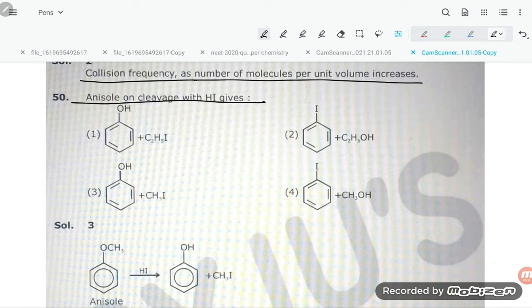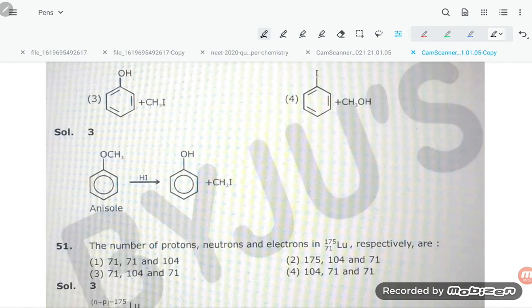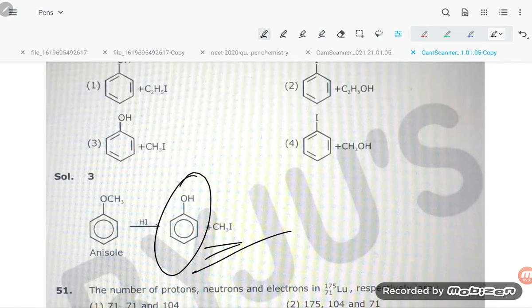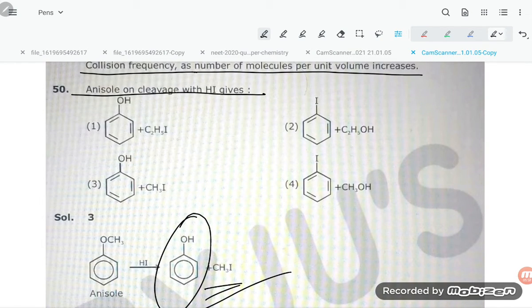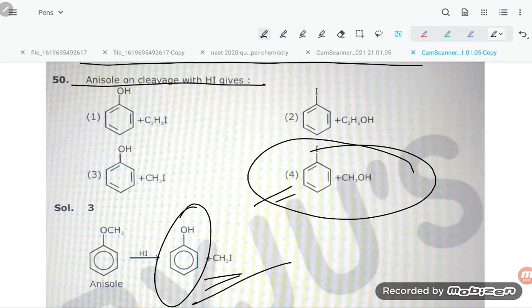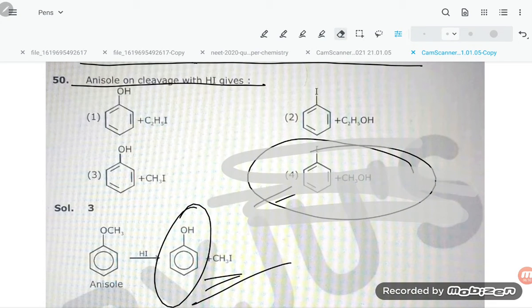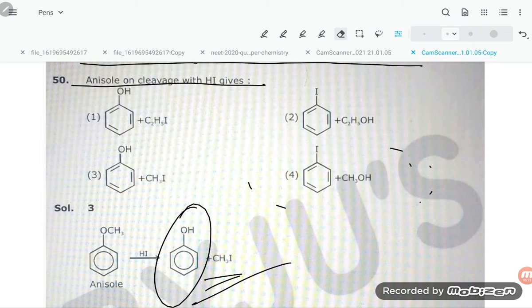Next, anisole on cleavage with HI. If you are treating anisole with HI, it gives phenol, which you should always keep in mind. It will give phenol plus methyl alcohol. So option number 3 is correct.